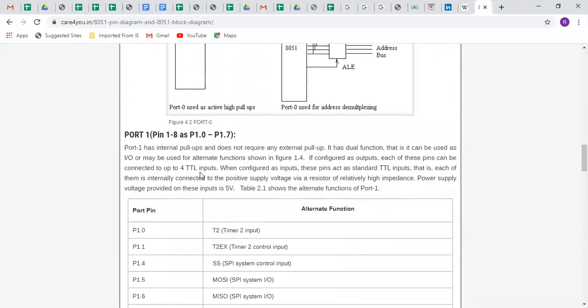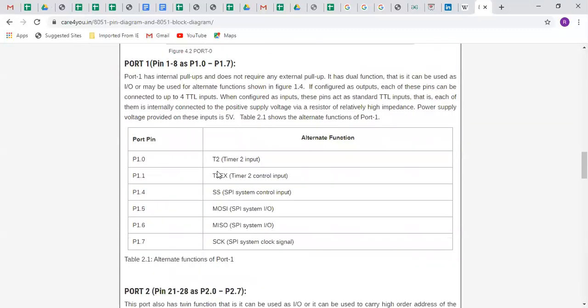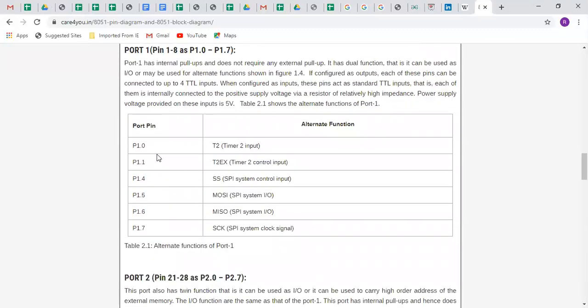Similarly, port 1 is also 8-bit. In addition to being the port IO functionality, it is also used for timer T2, timer 2 control input, SPI system control input, SPI system IO, that is MOSI and MISO, and the acknowledgement line SCK.